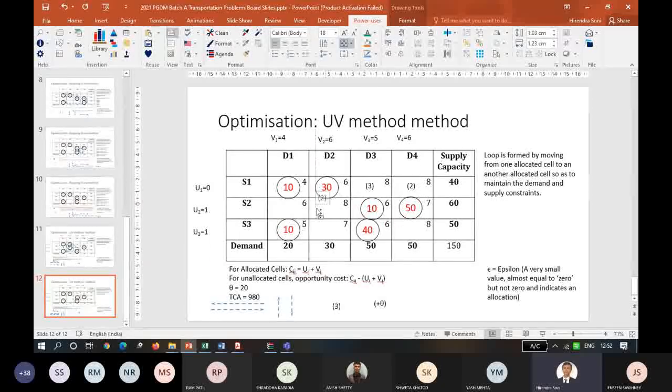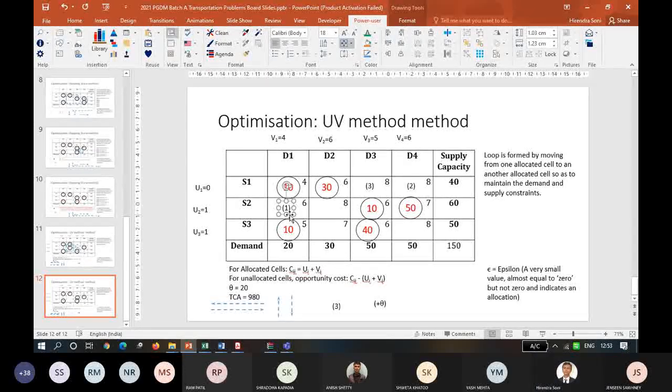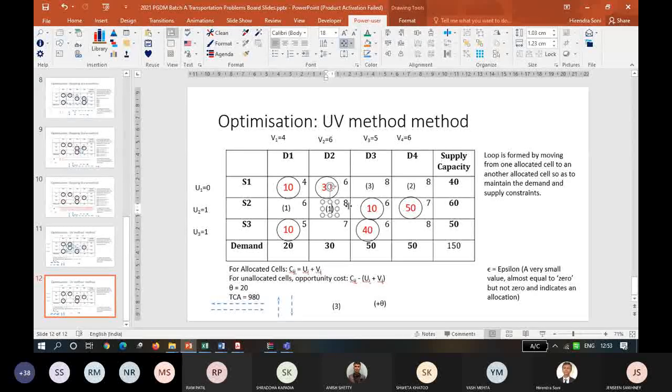After this, let us look at this one. So 6 minus 1 plus 4 is 5. So 6 minus 5 is 1. What about this one? Next cell, 8 minus 1 plus 6, 8 minus 7. So 8 minus 7 is 1.